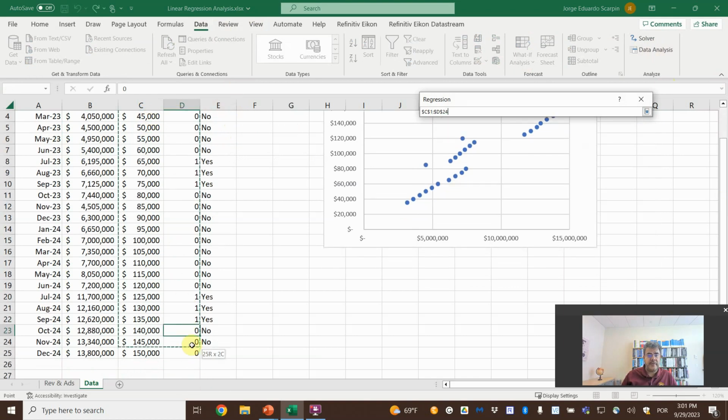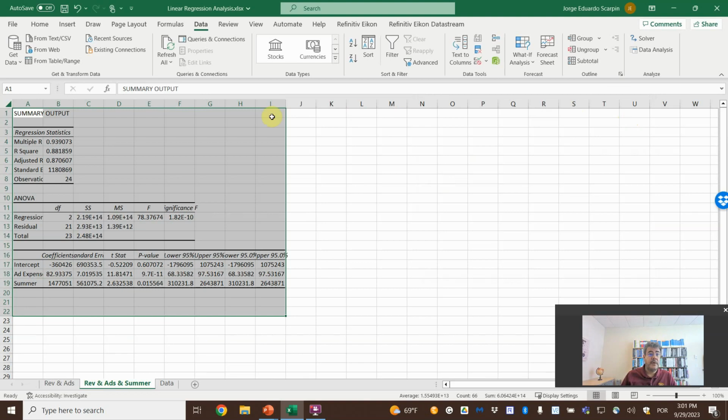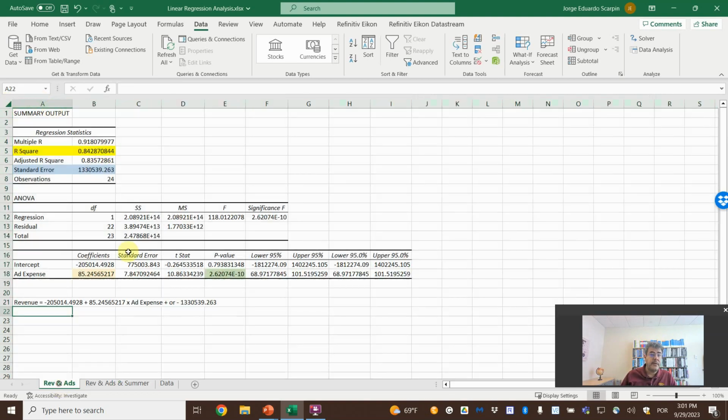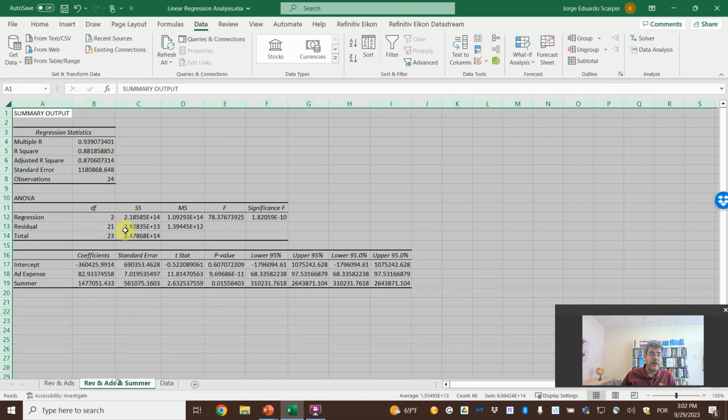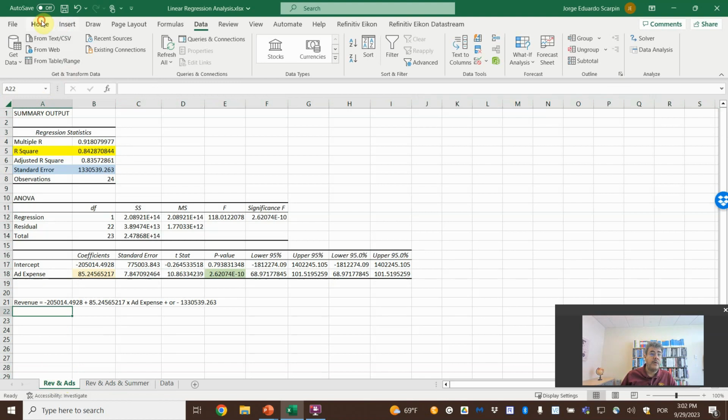So we need to add this, ad expense and summer. And we call it a dummy variable or categorical variable, 0 and 1. Okay, let's see if we are better. 84, 88. So yes, we are better now.